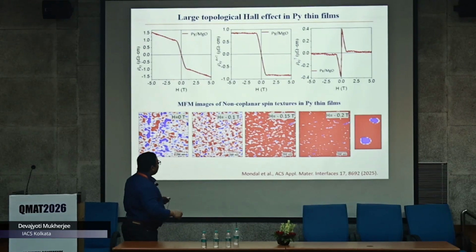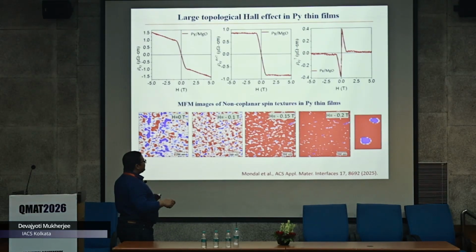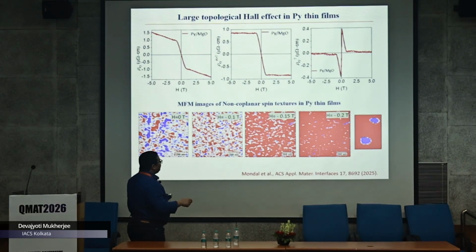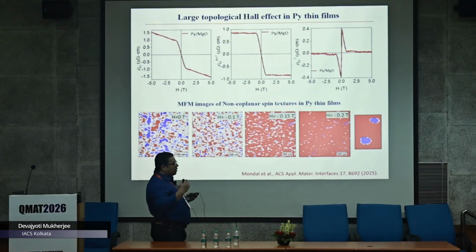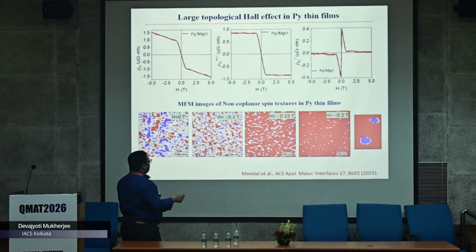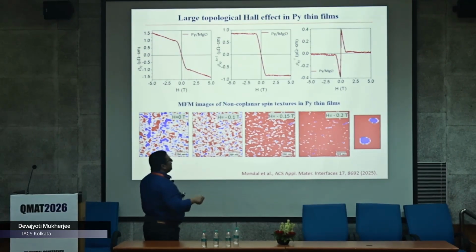Okay? So why this is a little bit interesting is because we are observing this topological Hall resistivity at room temperature, and it works at very low fields, and you can always see that there is a switch in the resistivity. So one always talks about quantum switches and things like that using topological Hall resistivity. But this is not confirmatory.